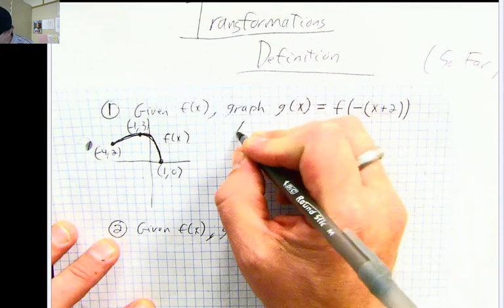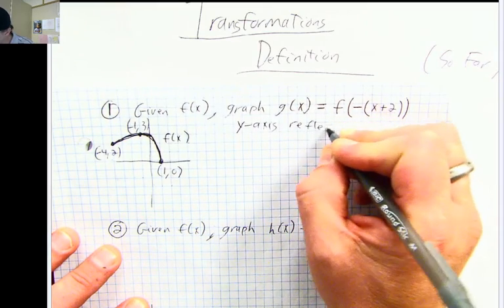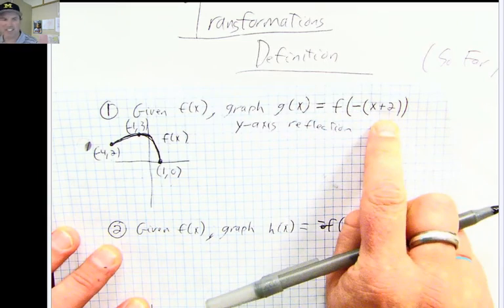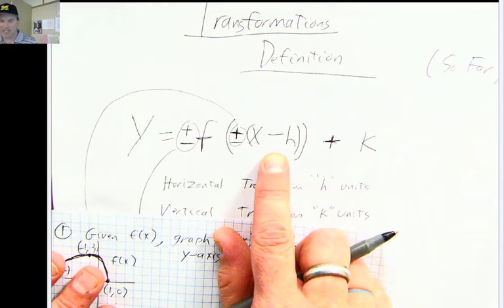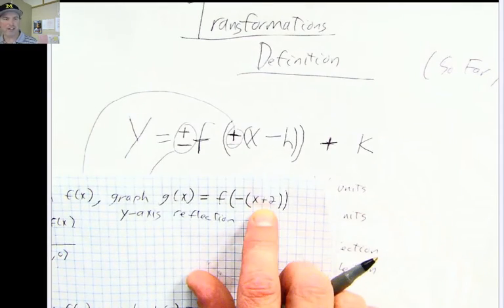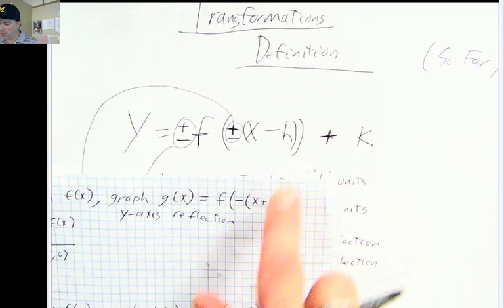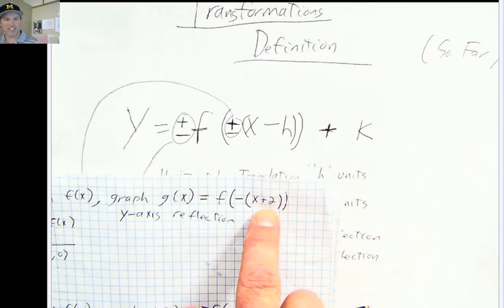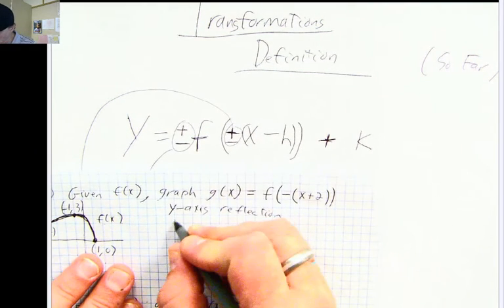So we first have a y-axis reflection. And then this plus 2 on the inside, we talked about that yesterday. That's like this x minus h. Because this says positive 2, yet this says minus h, that means that this h value is negative 2. So it's not going right 2, it's going left 2.